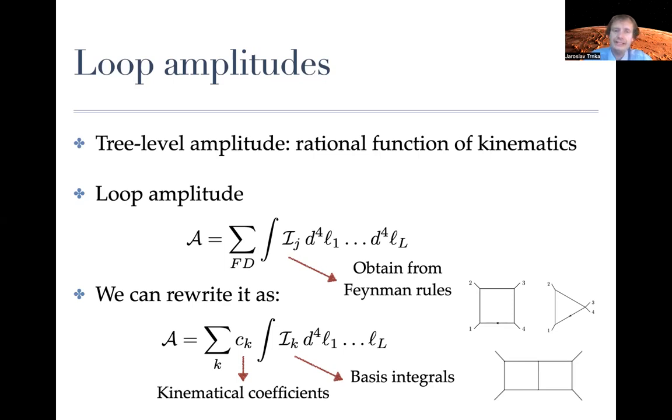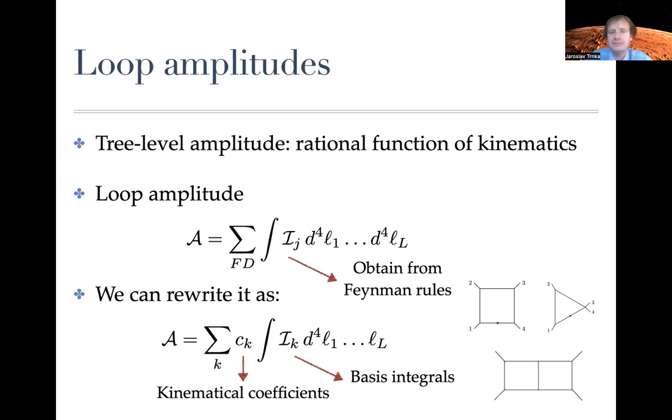Alternatively, that's what the unitarity methods do. Instead of summing Feynman diagrams, just choose some basis of integrals and expand the amplitude in this basis of integrals with some unknown kinematical coefficients. And then we should fix these coefficients by some means, for example, using the method of cuts.